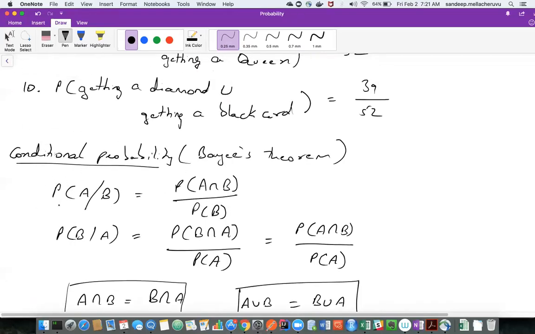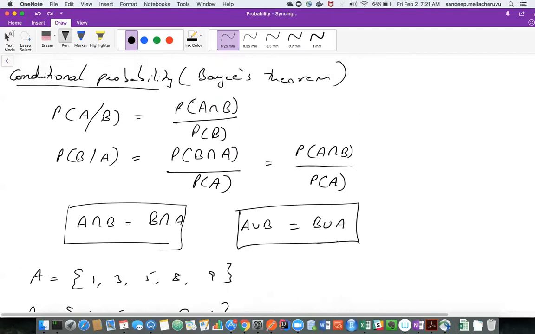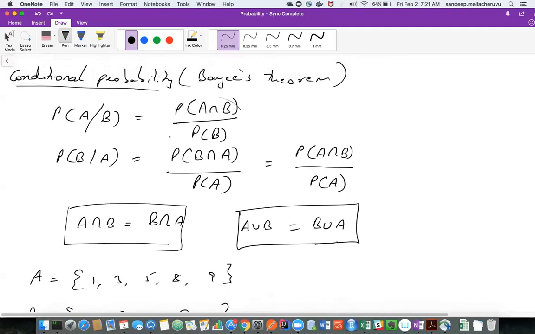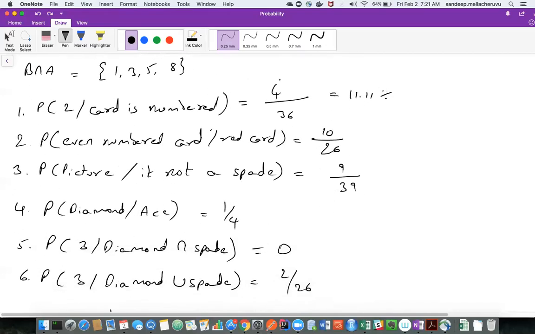I'm just using conditional probability, reducing the sample space and giving you the final result. But I can use this formula also to solve the problems, without reducing the sample space. Sorry for that, I missed it. Let me show that also.